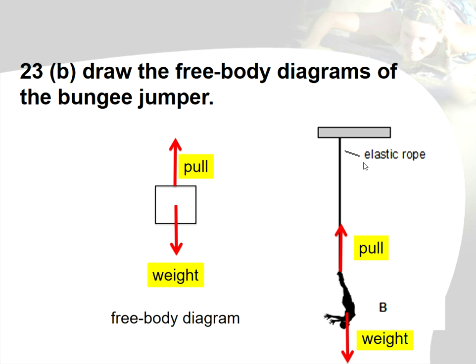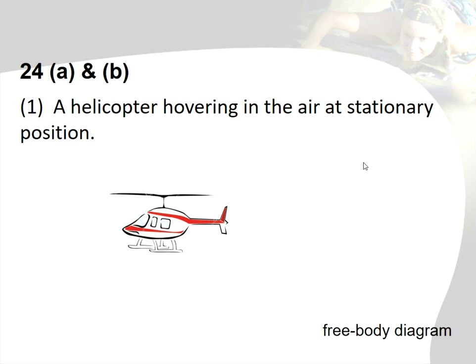Okay? Done with this? Who needs more time? None. Helicopter hovering in the air, stationary position. Woodlands has a lot of helicopters because of Sembawang Air Base, right? Helicopter in the air, stationary. Imagine that happening now. Does a helicopter hovering in the air have weight? Got weight or not? So there must be a force downwards, right?